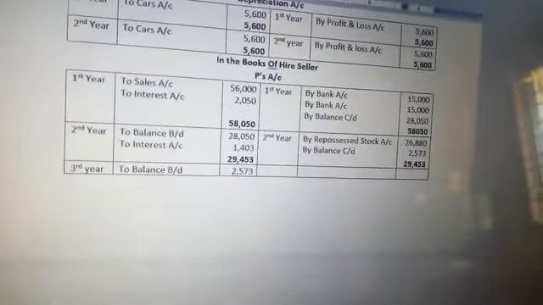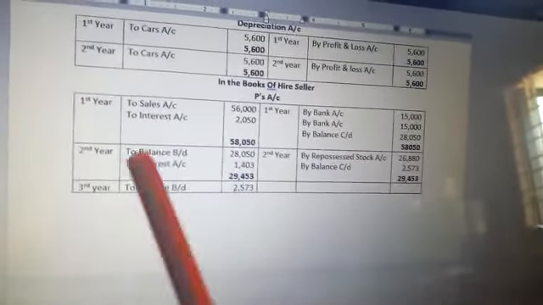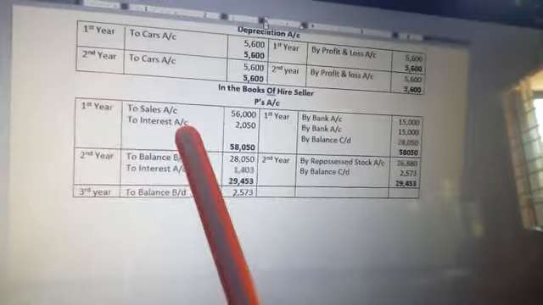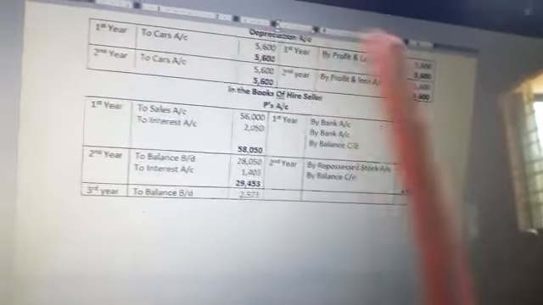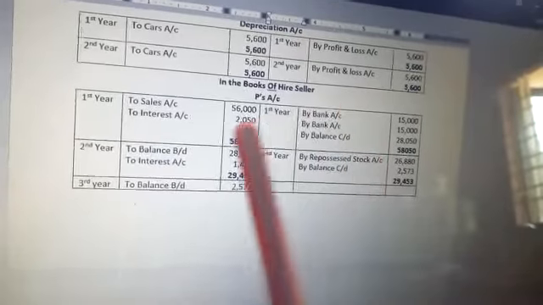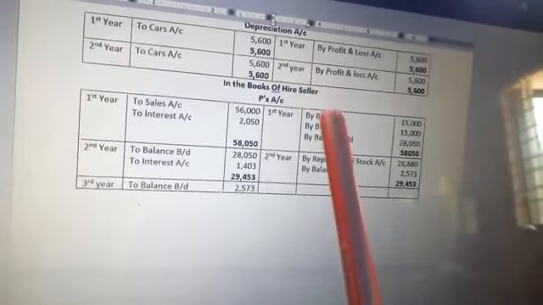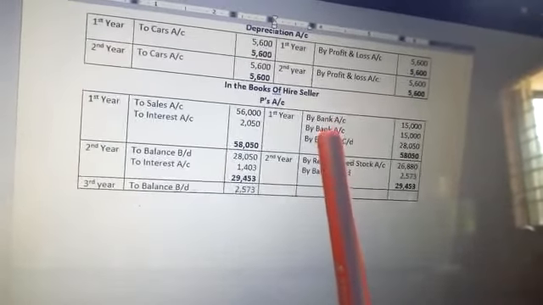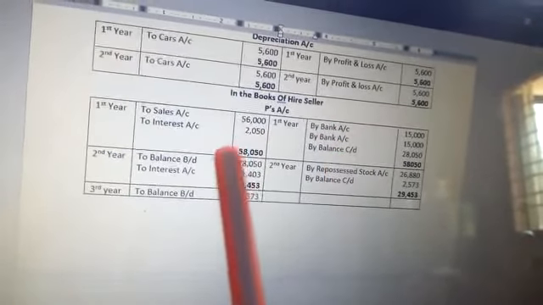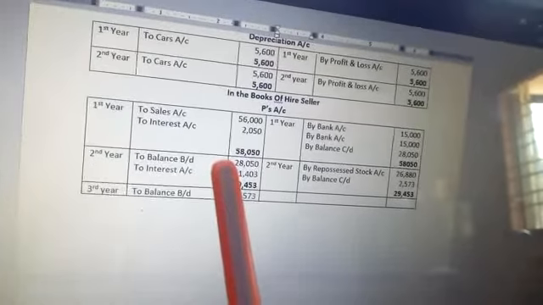Next, in the books of hire seller, first entry for recording the total cash price of the asset to sales, 56,000. Next, for the down payment. Next, for the interest due. Next one, for the receipt of first installment, remaining balance carried down. In the second year, balance brought down.